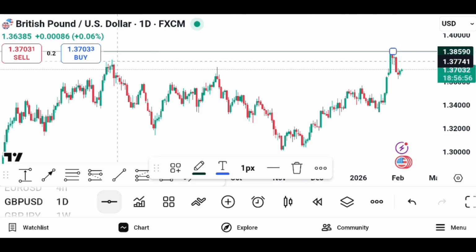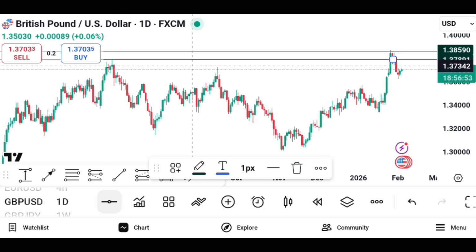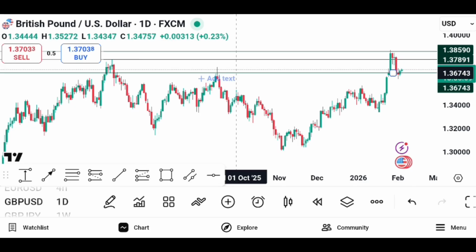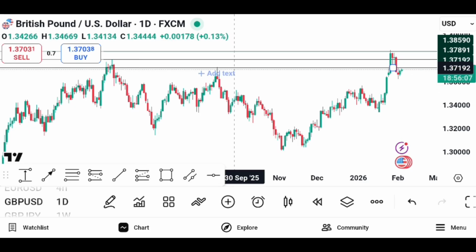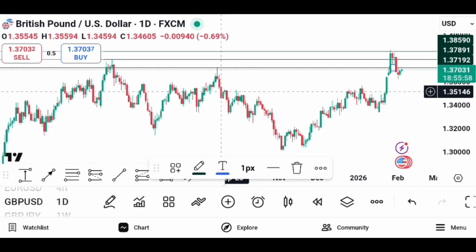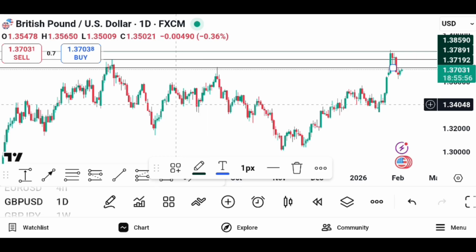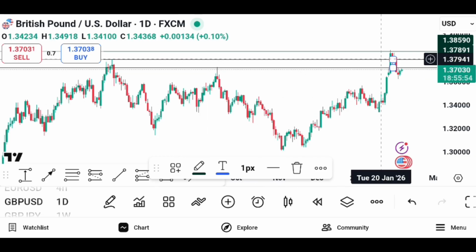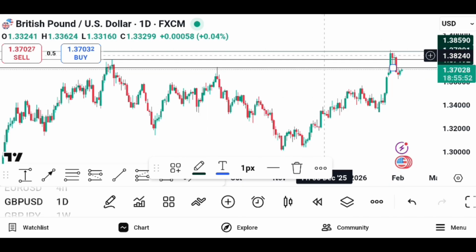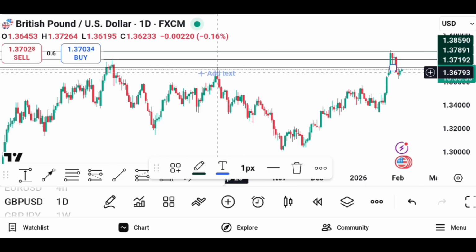So this was also another point. Now you can use the upper wick or the closing prices in the market. So we've marked this high, we've marked this high, and we've marked this high.